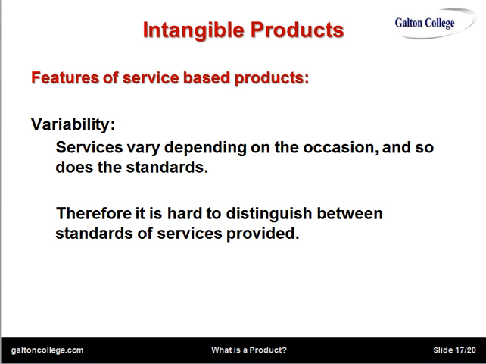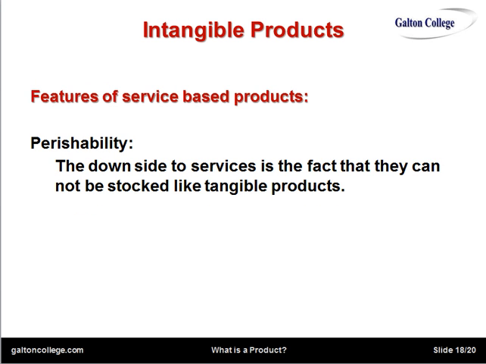Sometimes you might have to wait a long time. The standard is variable. If you're organising a function for the company, sometimes the function will run smoothly, sometimes it won't run so smoothly. So there are issues in terms of the variability of the product.